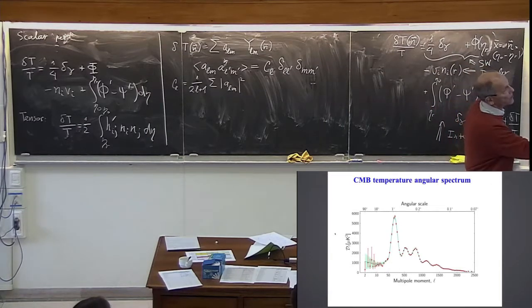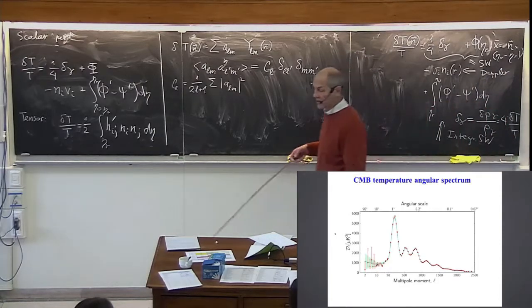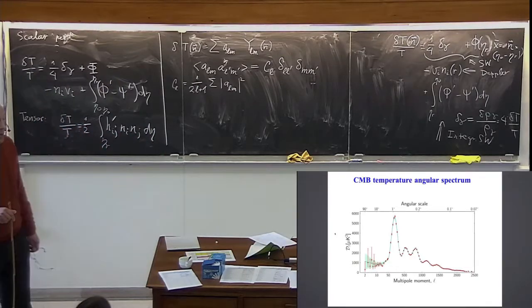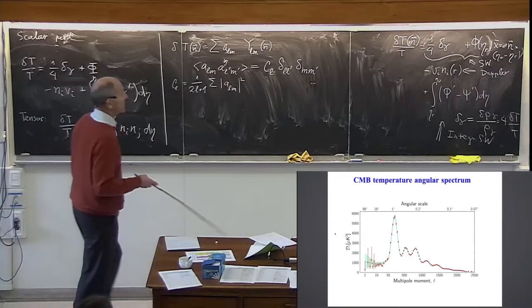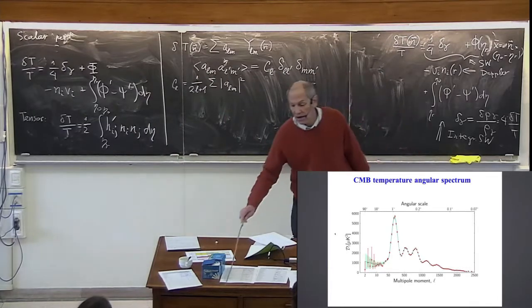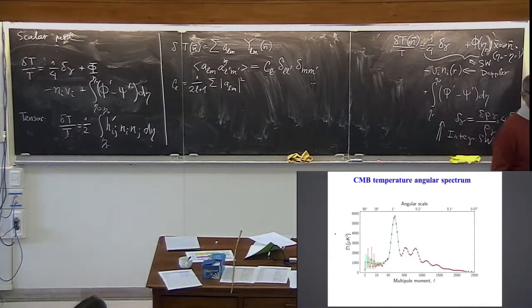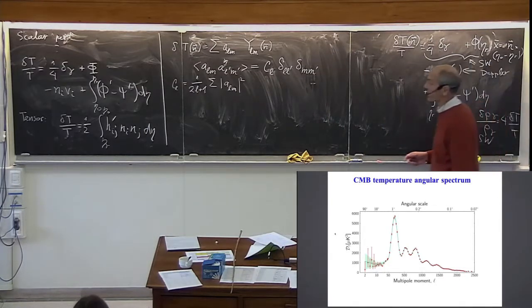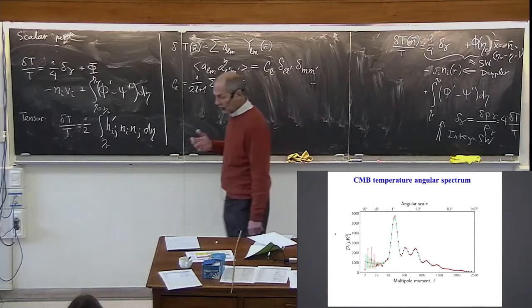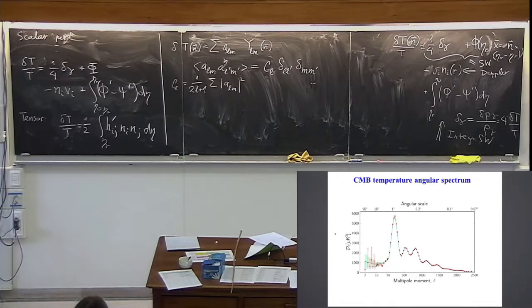Once you proceed further to higher multipoles, then of course this problem is less severe. Although it is severe if you want to do statistical analysis, not just of these C_L's, but if you want to study more intricate properties like non-Gaussianity, the 3-point correlation function of the a_LM's, for example, or the 4-point correlation function, then you need a lot more data.